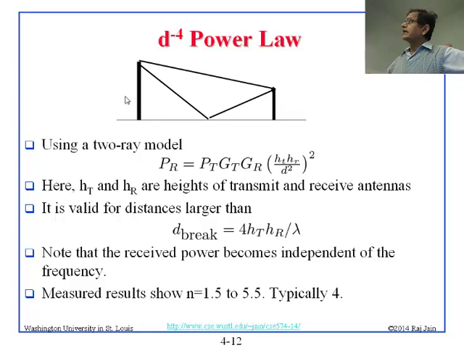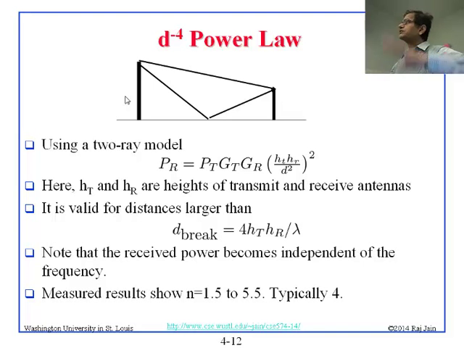Here is an example. This is a transmitting antenna, this is a receiving antenna. Some signal comes straight and some signal comes by reflection from the ground. In wireless communication, we can do exact mathematical modeling of this, and it is called the 2-ray model, because actually the signal is not just going into 2 rays, it is going into many reflections.